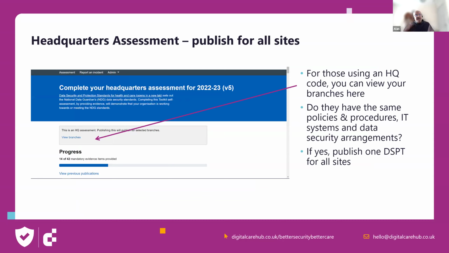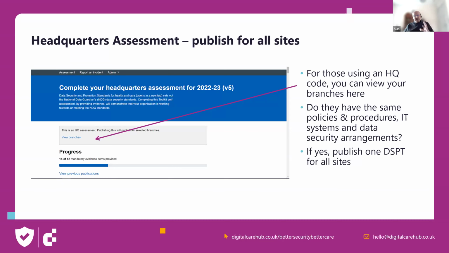If you click on that, it will open up the drop-down box with all of the branches that are registered with that particular A code linked to the HQ. So if you're confident that they've got the same policies and procedures, IT systems, data security arrangements, etc., then you can click on each of those organisations and publish your DSPT on behalf of all of those organisations.